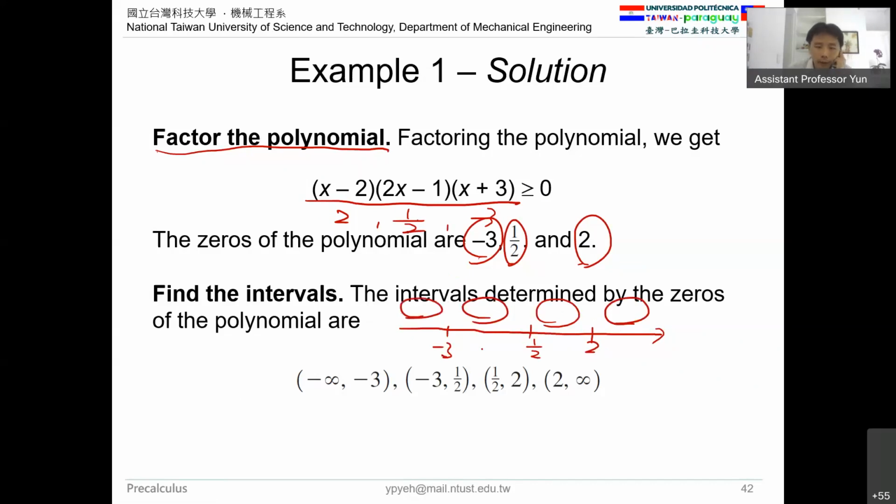So you define whether the polynomial function is positive or negative in these 4 regions, right? The intervals will be these 4, with positive infinity and negative infinity at the right and left ends. Okay.